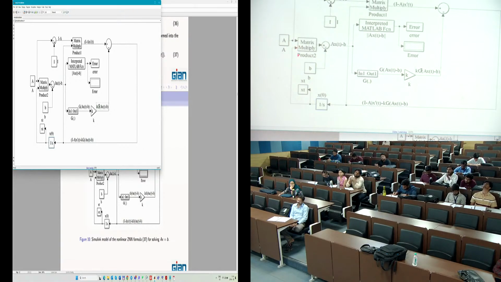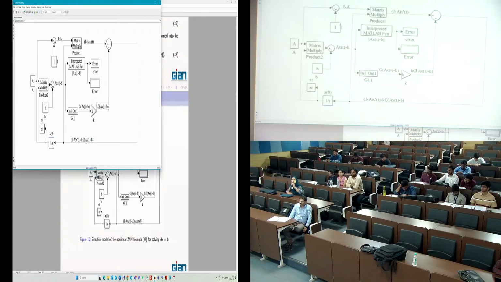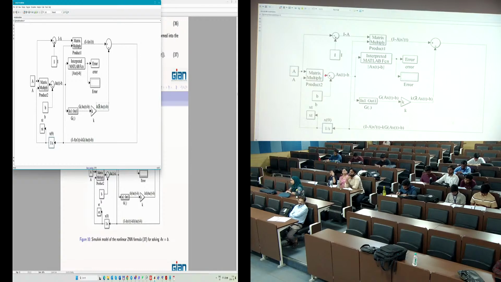Then we will multiply A of t by x of 0. Later, we will have other values of x of t in subsequent time instances. Which result will be here? This.